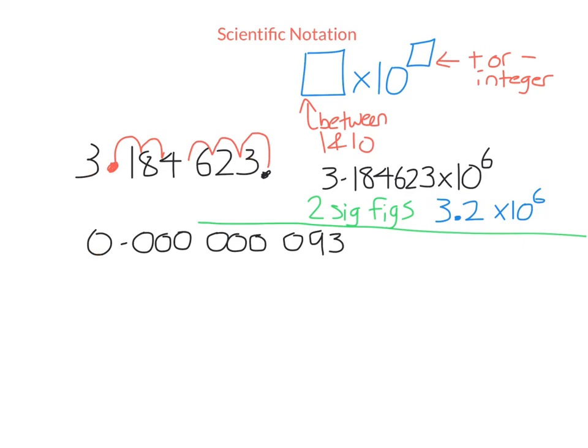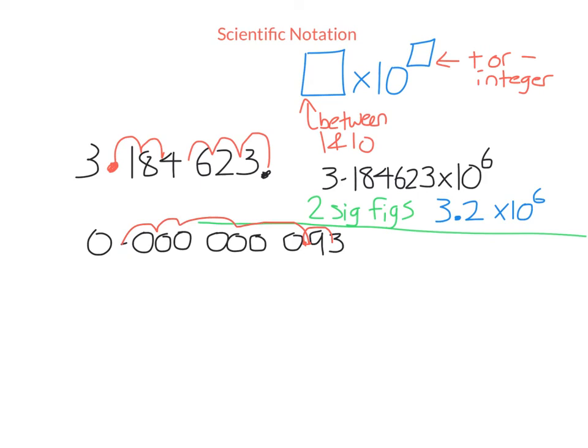So how do I do scientific notation for a really small number like this? Well, I'm going to do it the same way. I'm going to move the decimal point until the number is between 1 and 10. If I move the decimal point there, it's not between 1 and 10, so I'm going to move it one more spot to here.